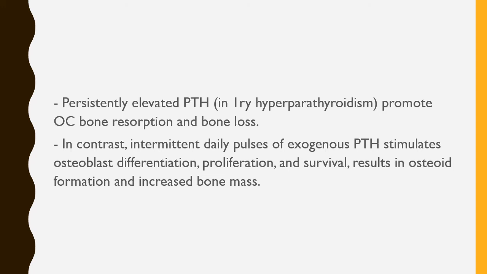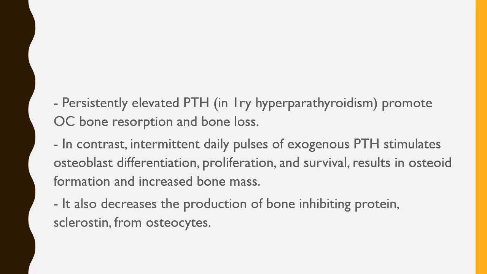So intermittent daily pulses of exogenous PTH act opposite to the persistently elevated PTH level, which sometimes happens in primary hyperparathyroidism. So the mechanism of action is daily pulses of exogenous PTH stimulate osteoblast action. It also decreases the production of the bone-inhibiting protein sclerostin from osteocytes.